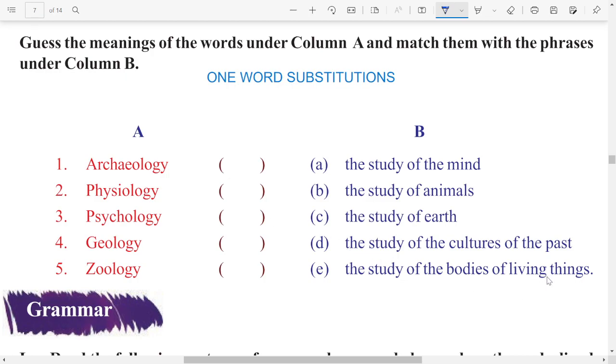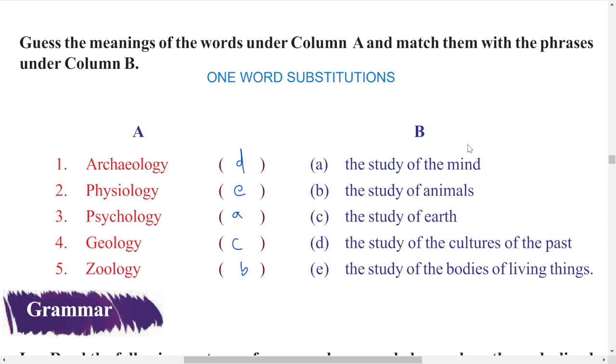Physiology is the study of the bodies of living things, so here you can go with E. Next one, psychology is the study of mind, that is A. Geology is study of earth. Zoology is study of animals. So obviously D can be used here, the study of cultures, monuments, and historical things and places. Okay, so D, E, A, C, B can be used.